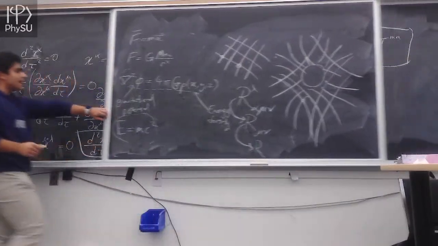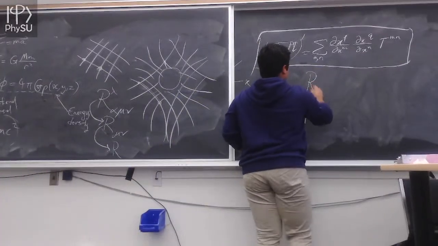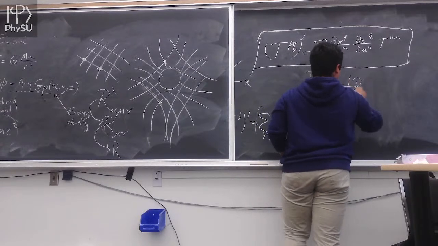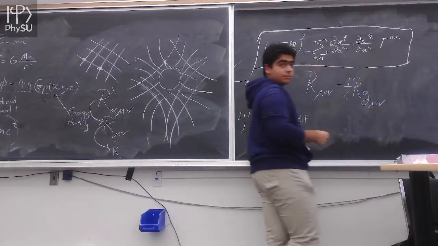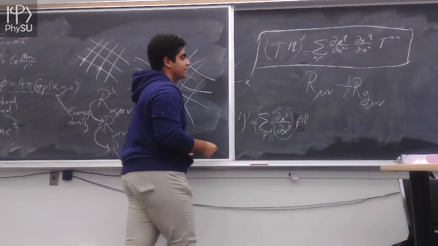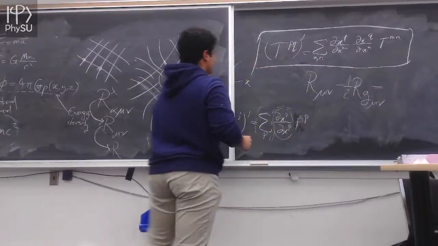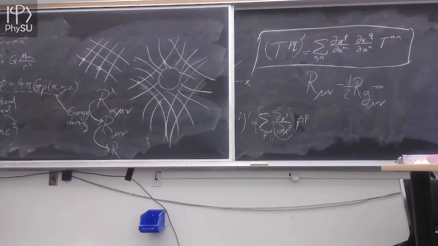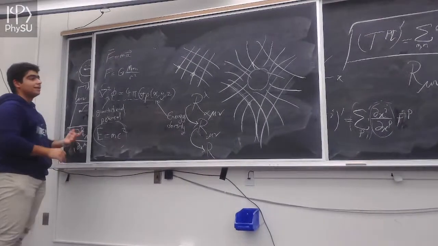And as it turns out, the left-hand side is the Ricci tensor minus 1/2 the Ricci scalar multiplied by the metric tensor. Now, again, if you want to really understand where this comes from, you have to learn something called the covariant derivative and a bunch of other stuff, which is covered in the handout, not here.